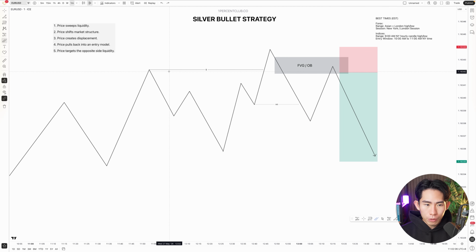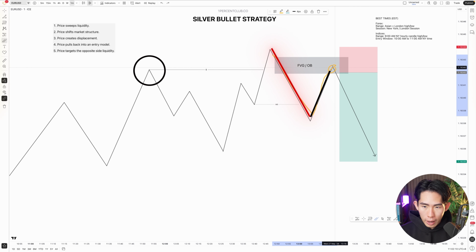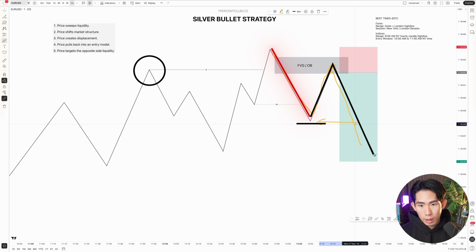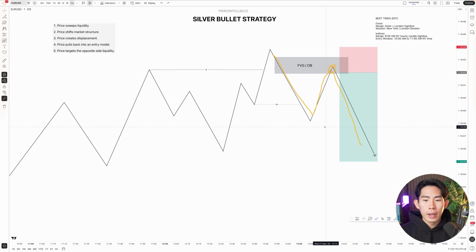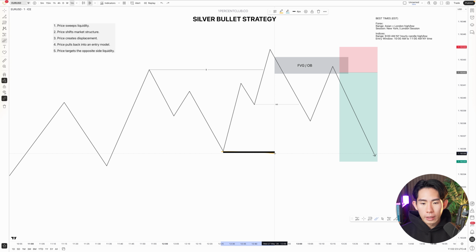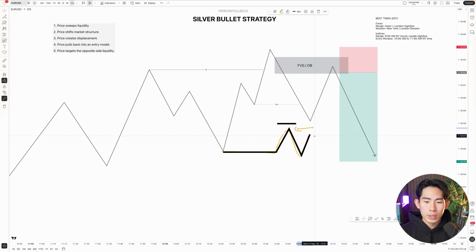Basically, if price sweeps the high, shifts bearish, and gives you a short entry, you want to be targeting the most recent low, right? You look at the left hand side, see the most recent low that was established, and that's your target. And then if it's an uptrend, right, and price comes down, sweeps the low, and gives you an opportunity to look for a long position, then ideally you want to be targeting the most recent high, right?